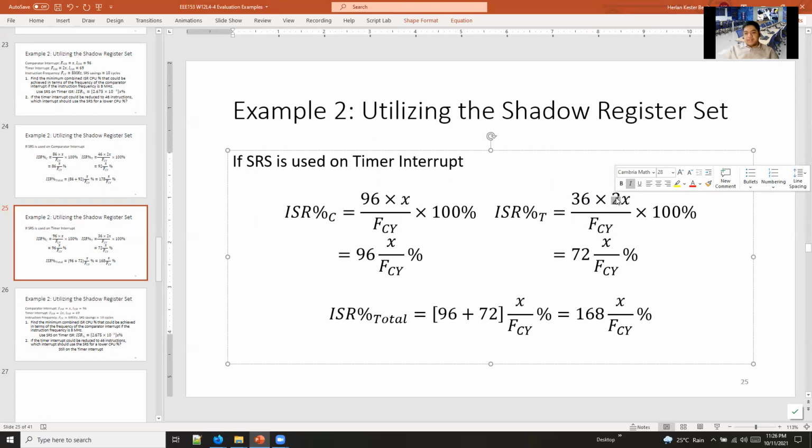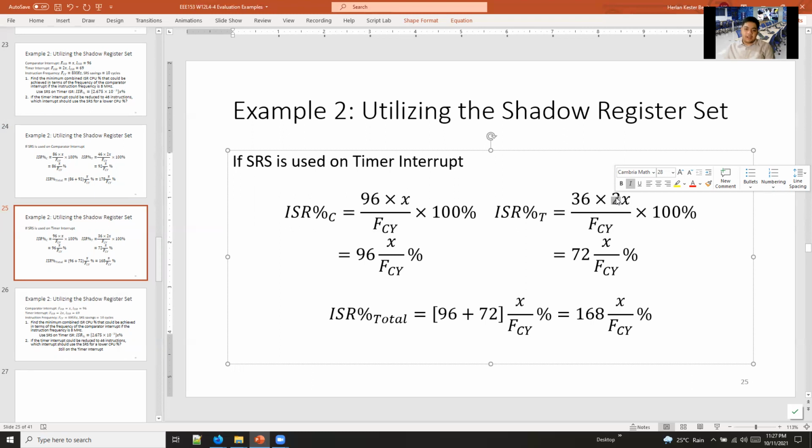So, usually you'll notice pag CPU percentage ang usapan sa pag-evaluate ng ISRs, or ayun, if gusto mong mapababa yung CPU percentage ng interrupts mo in general sa system, you'll most probably look for the highest frequency na interrupt, and siya yung gagamitan mo ng improvements or yung shadow register set in this case.